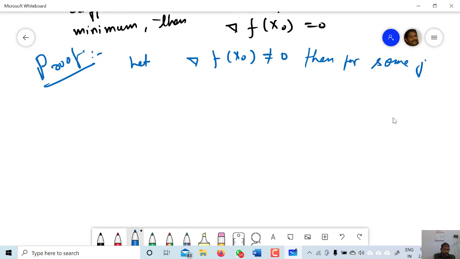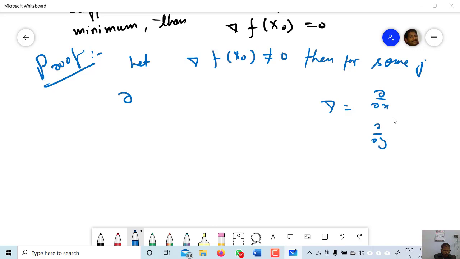For some j, if this is not equal to 0, then if we expand, because earlier we have said what the definition of delta is: del by del x, del by del y. That means all the variables on which x0 depends will be partially differentiated.